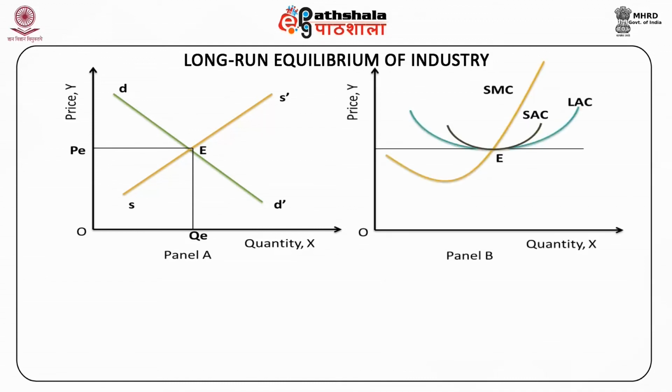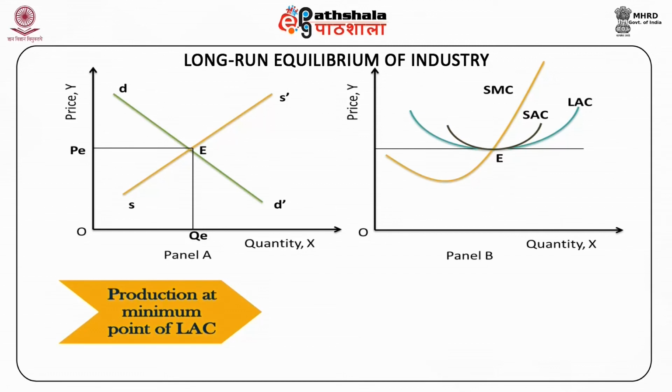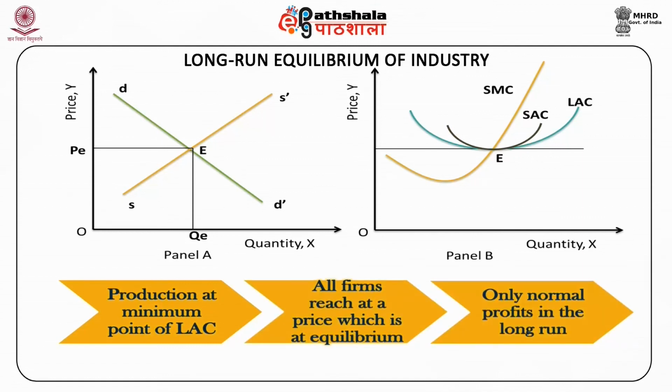In the second panel, the long-run marginal cost curve cuts the long-run average cost curve at the minimum point, thus producing optimally at point E. In the same way, in the short run also there is an optimum production with the short run marginal cost curve cutting the short run average cost curve at its minimum. This is how the long run equilibrium of the industry can be derived.